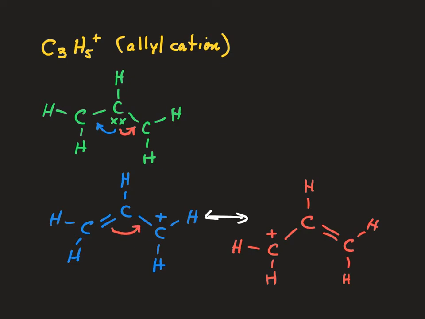So we can use a curved arrow to show the interconversion. And conversely, to go right to left, we can show the pi electrons moving over there. So we can use arrows to show the movement of pi electrons to show the interconversion of resonance forms.